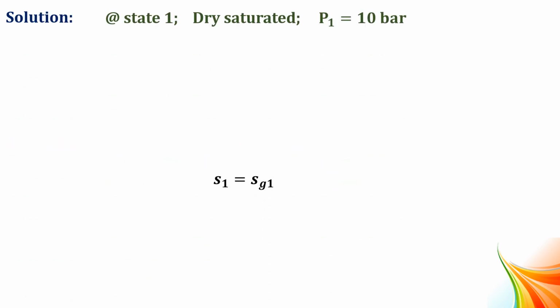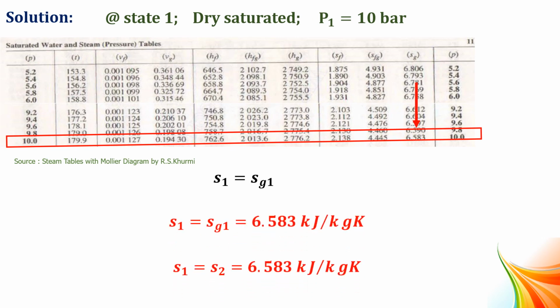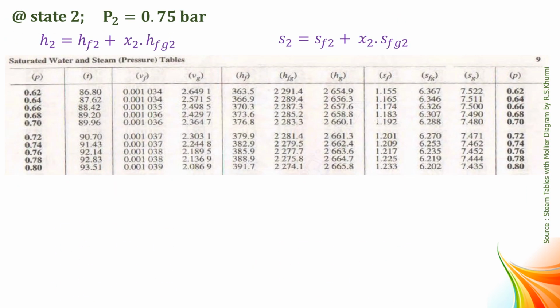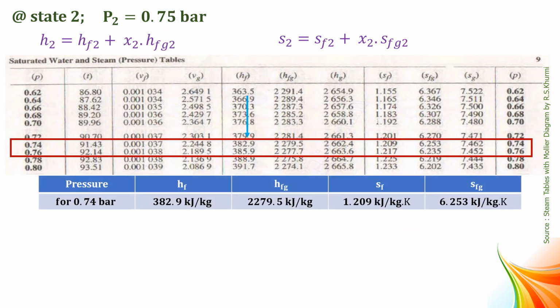Now for finding the entropy, it is 6.583 at 10 bar. That is S1, and we know that S1 equals S2. So X2 is also found, and we can find H2 by using the formula HF2 plus X2 HFG2.